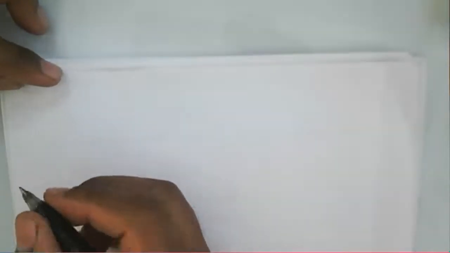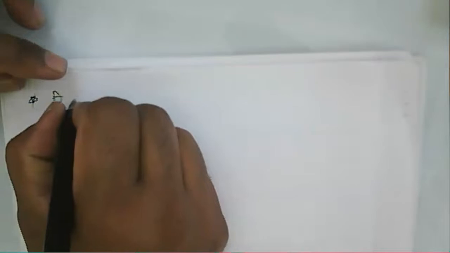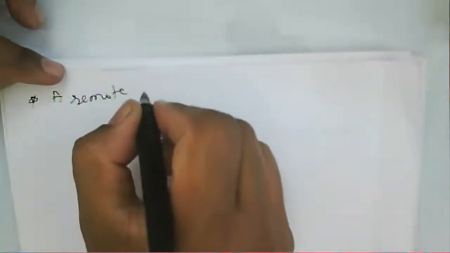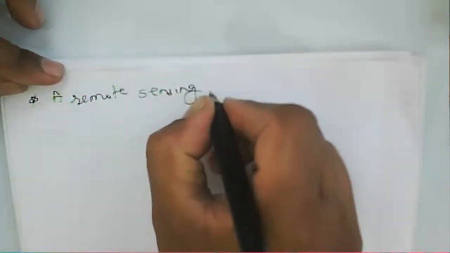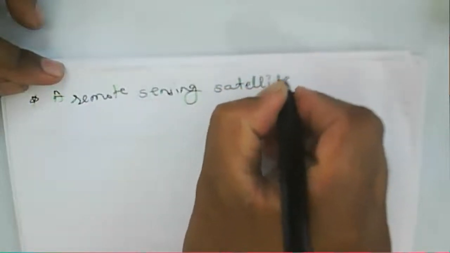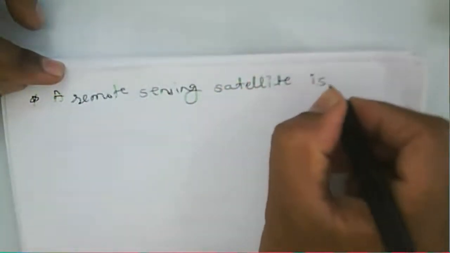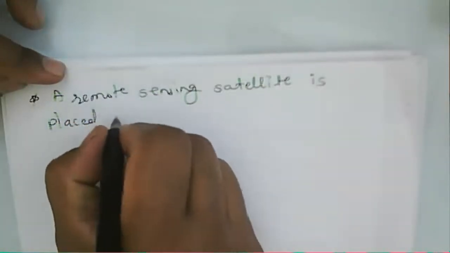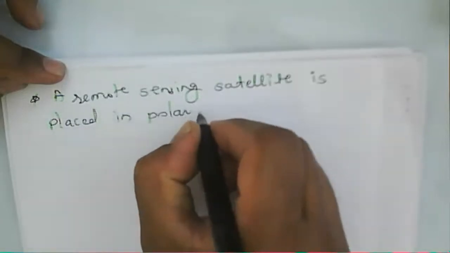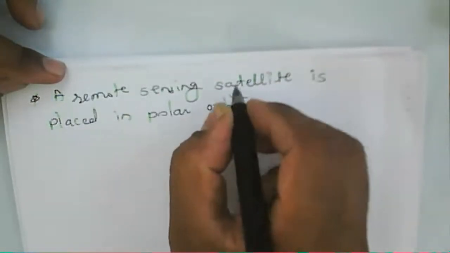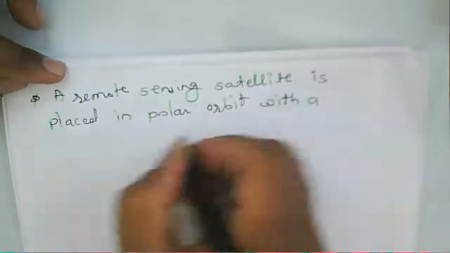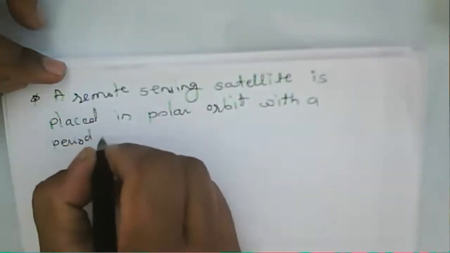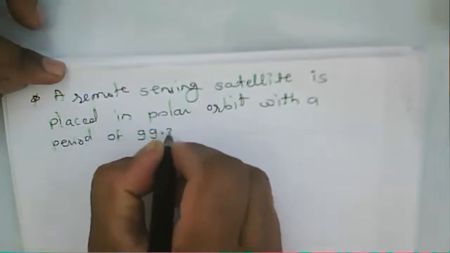Next, we'll see another one. A remote sensing satellite is placed in a polar orbit with a period of 99.3 minutes.